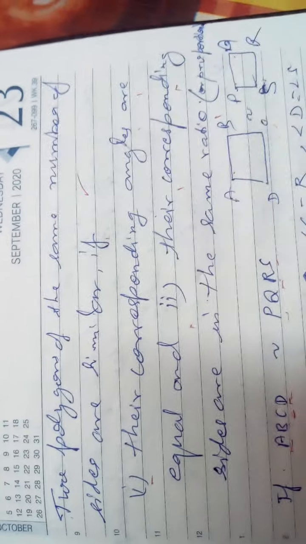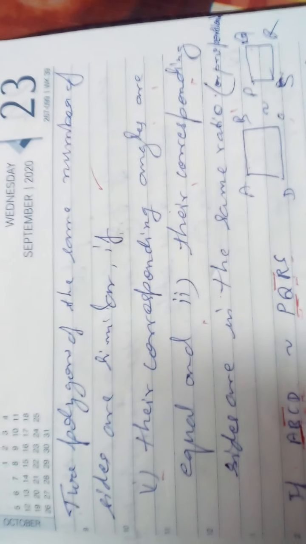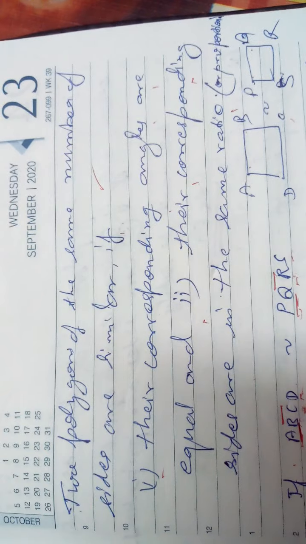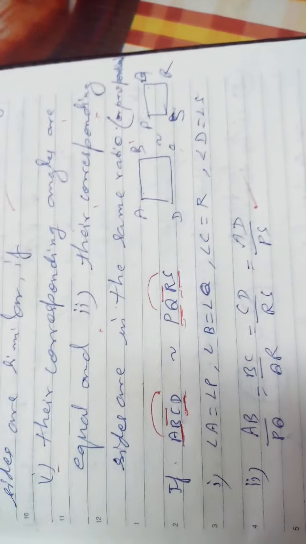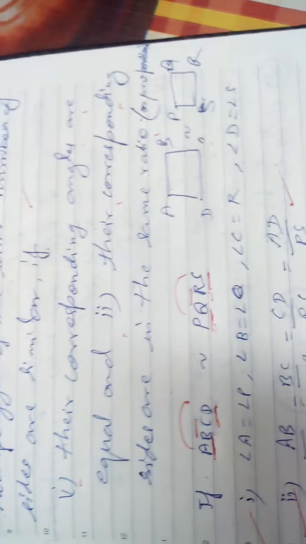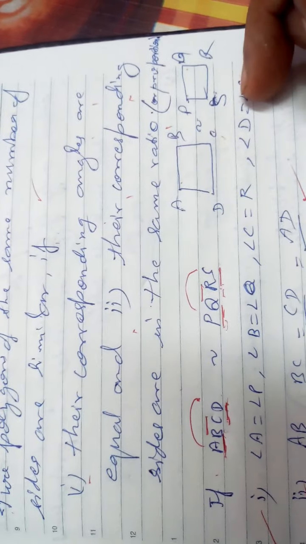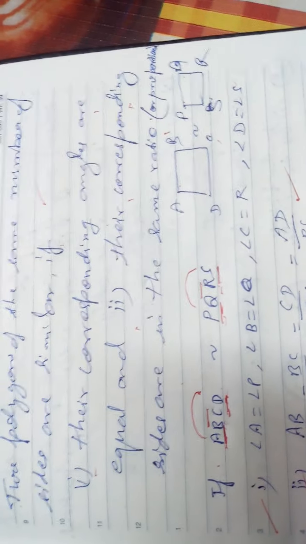Two pairs in line: first two, second two, third and fourth, first and last. This ratio you take will always be equal. Both conditions must be fulfilled, then they are similar. If any one angle is not equal or a side ratio is not the same, then they are not similar.